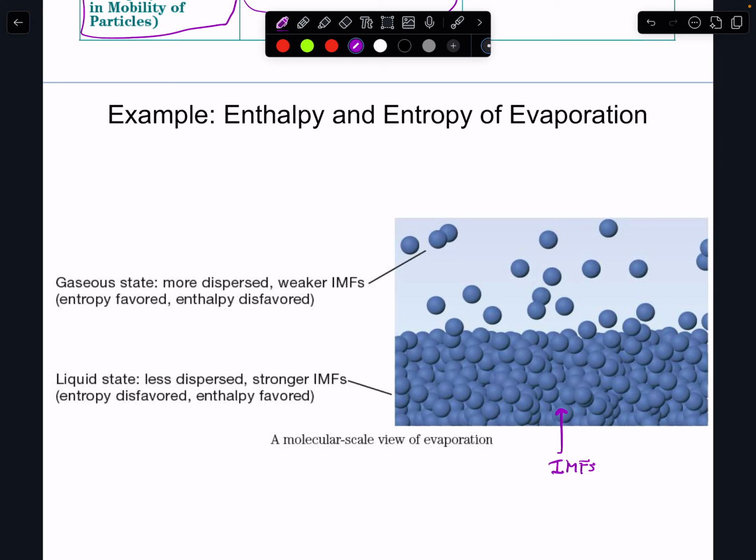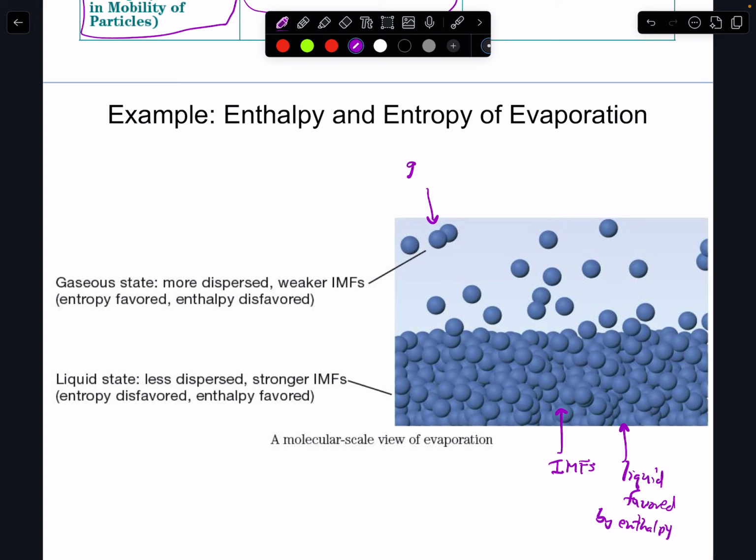And so from an enthalpy point of view, the liquid is favored by enthalpy. In terms of entropy, what happens is the gas phase is favored because things get to move completely freely, whereas in liquid phase they don't.